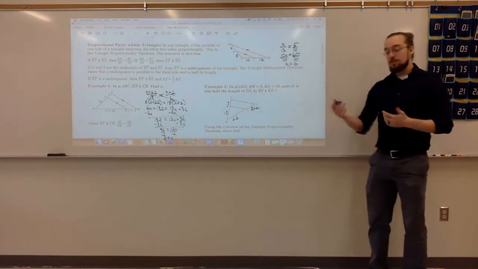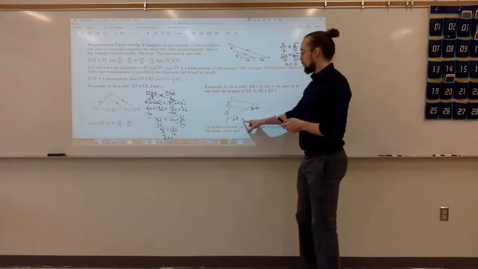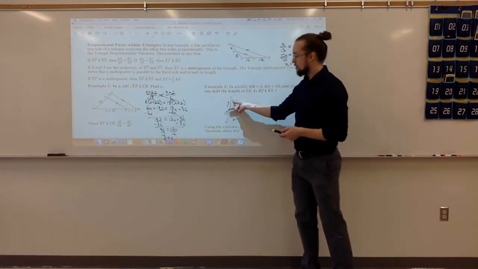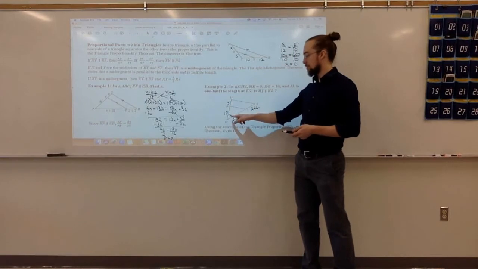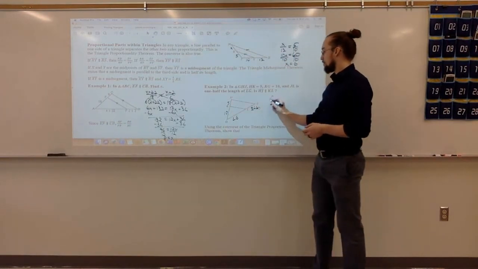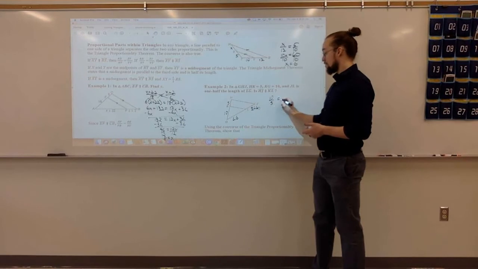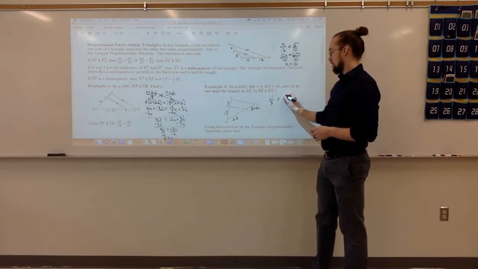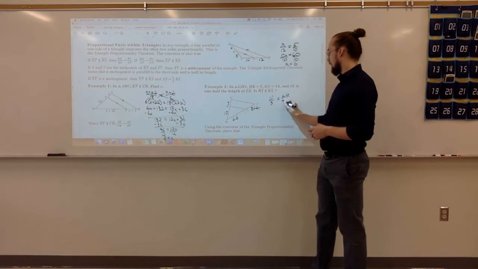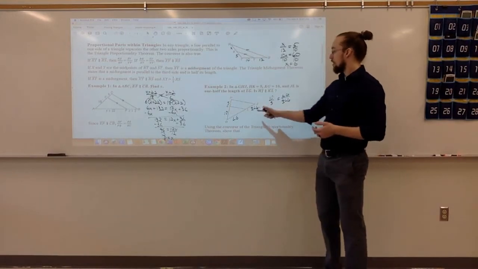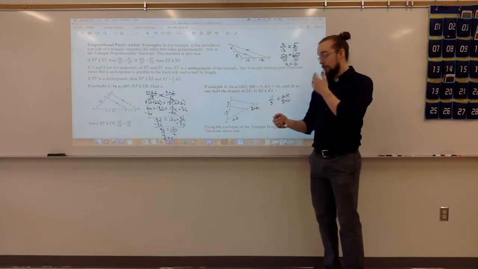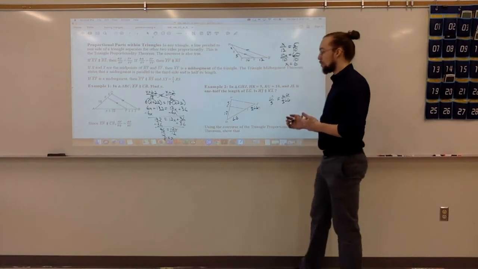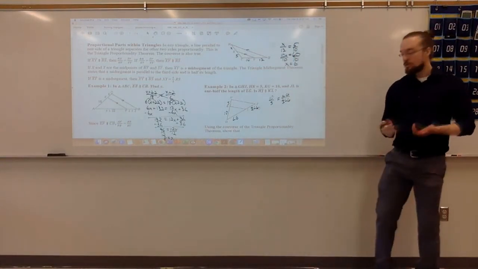So if this piece is exactly twice this piece, and this piece is exactly twice this piece, we can say n/5 is the same thing as LG over 1/2 LG. Those ratios are exactly the same. n/5 is 2. LG over 1/2 LG would also be 2.